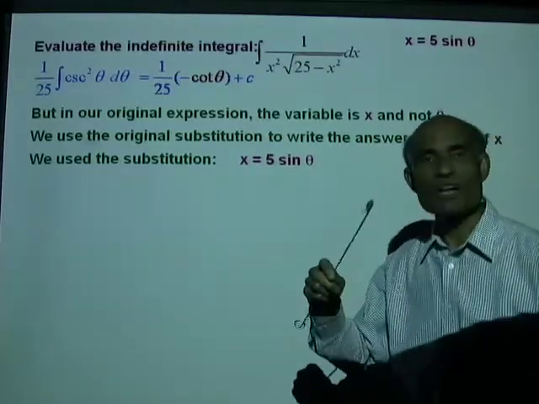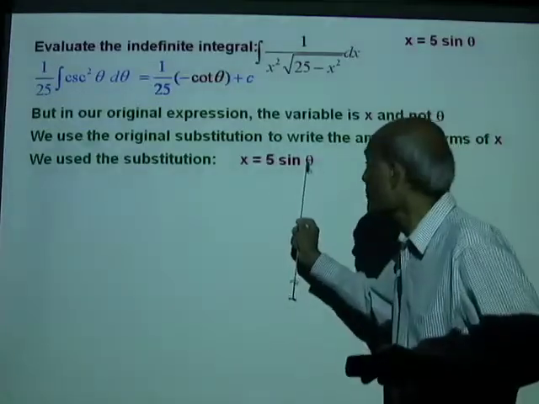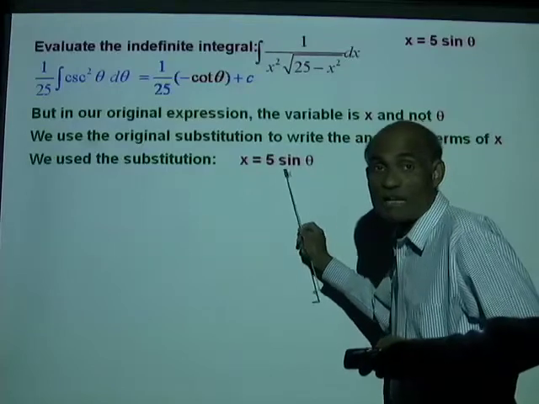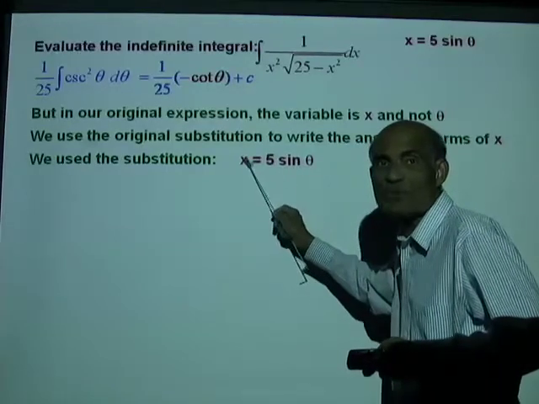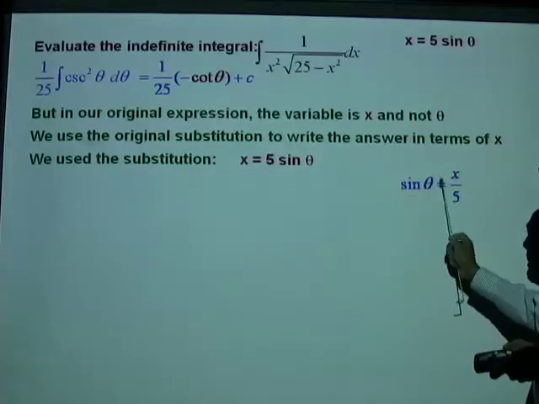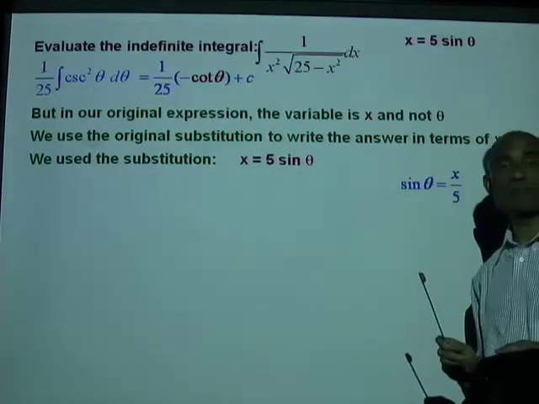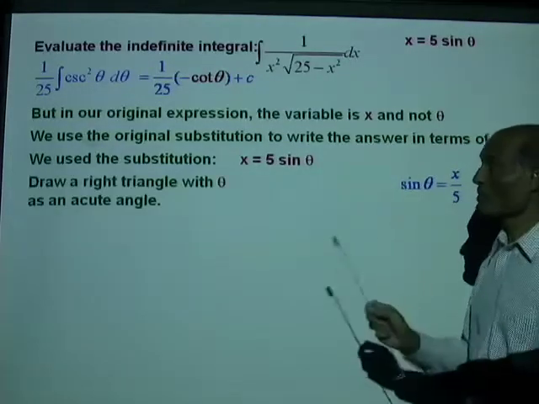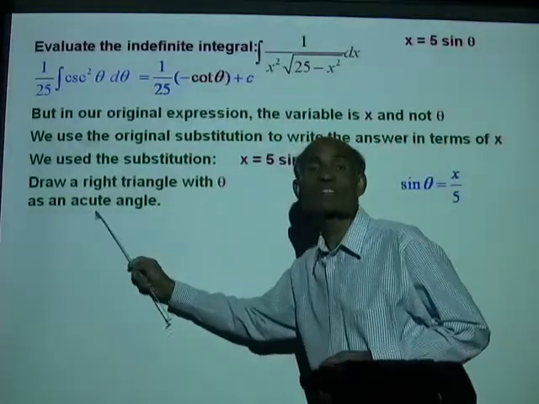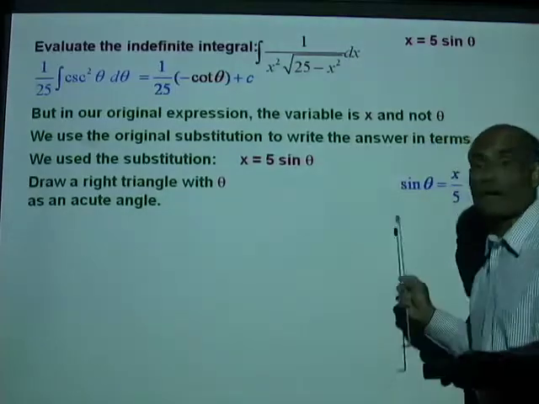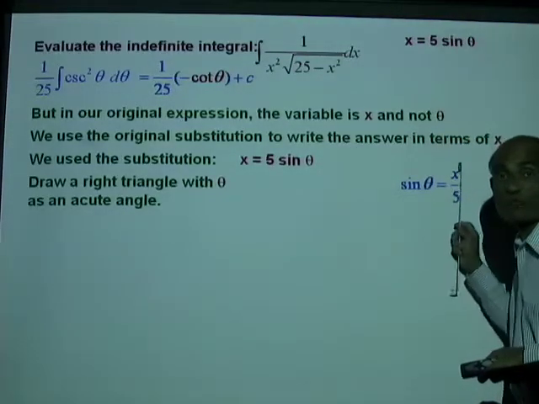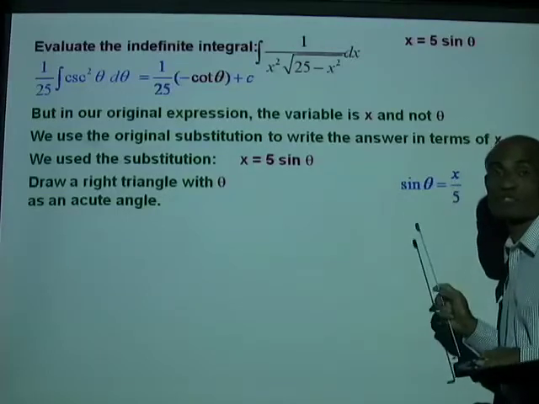Now can you visualize a triangle where theta is an acute angle and sine theta equal to x divided by 5? There you go. Sine theta equal to x divided by 5. So what we do is we draw a right triangle with theta as an acute angle and decide on the sides of the triangle using this substitution.